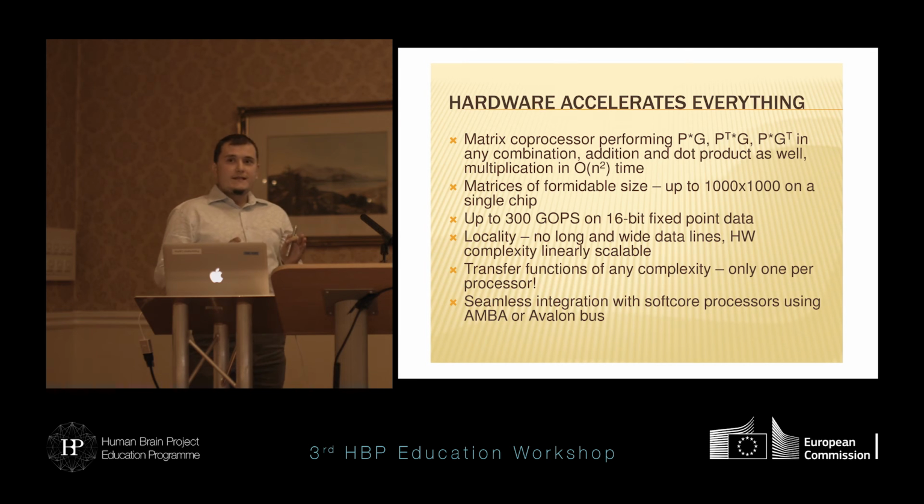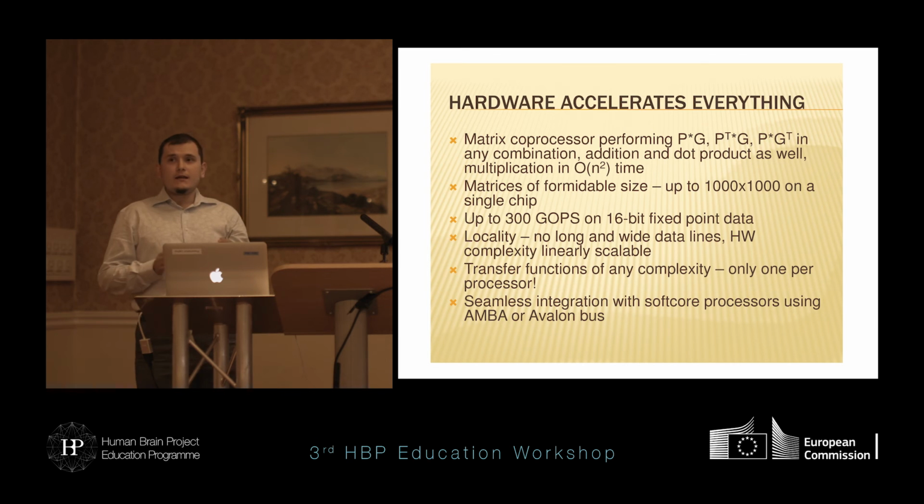The current processing speed is estimated at 300 giga operations per second on 16-bit fixed point data. To my knowledge, this is the fastest single chip implementation to this day, with the possibility of computing straight and transpose matrices. Another interesting property is that our core has a very nice locality of the connections.